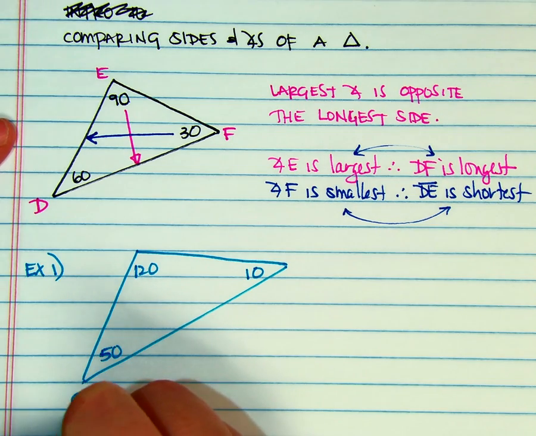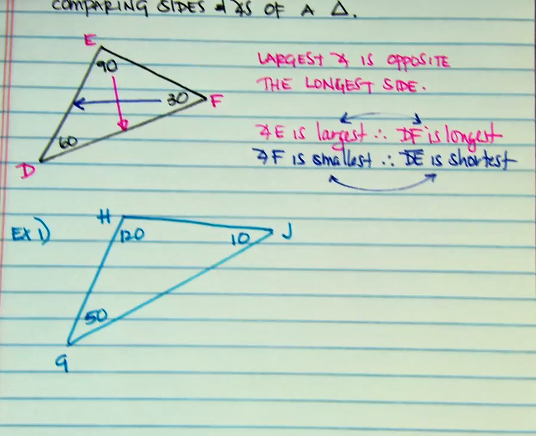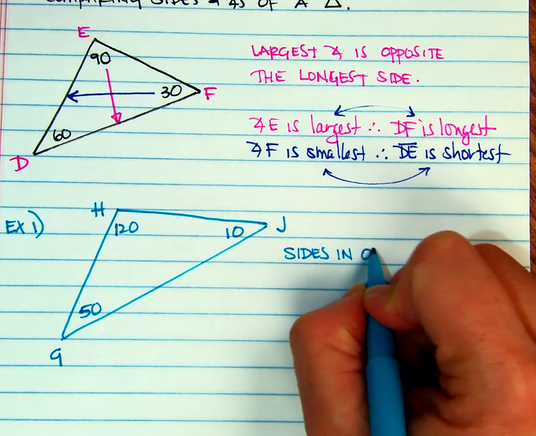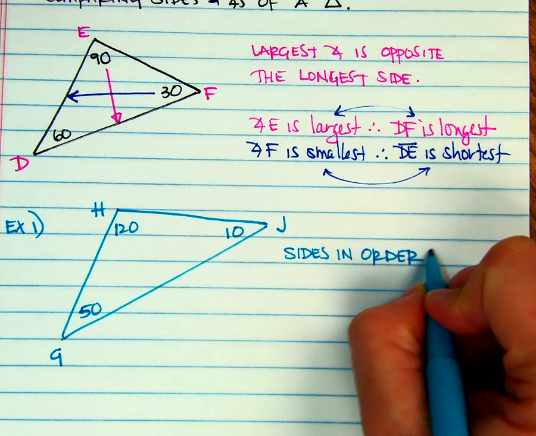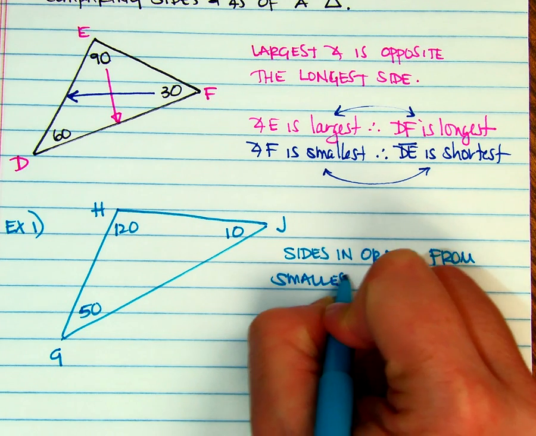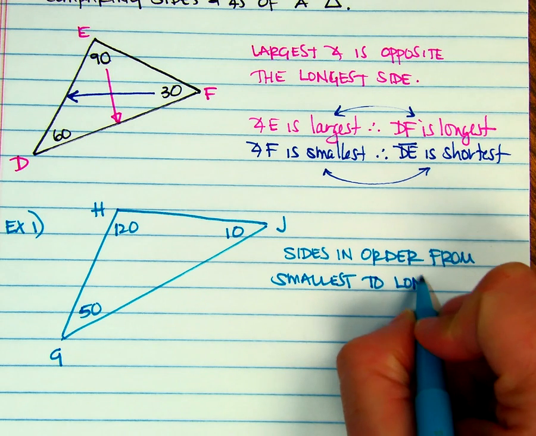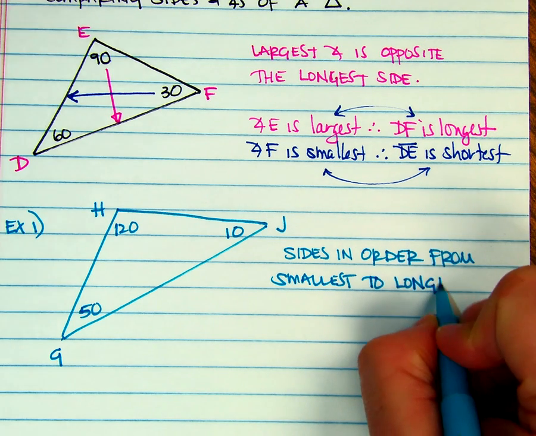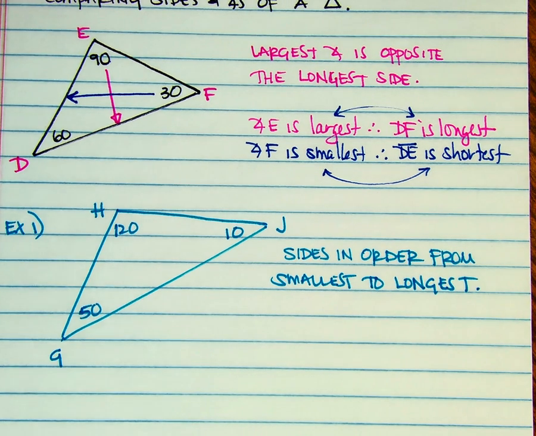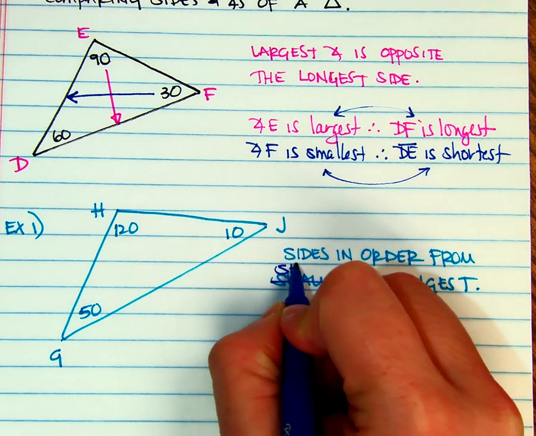Let's label this as G, H, and J. If I were asked to put the sides in order from shortest to longest, because I'm putting the sides in order, I've got to look at the angles.